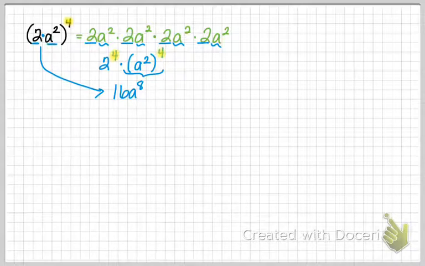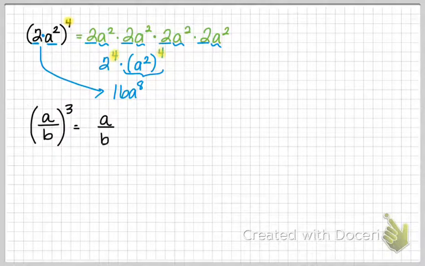The second rule that we're going to look at today is going to be the power of a quotient. Remember, a quotient looks like division. So let's say that I have a over b, and I raise that to, let's say, the third power. Well, that would be a over b times a over b times a over b.